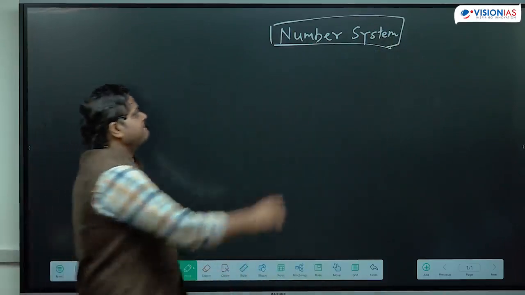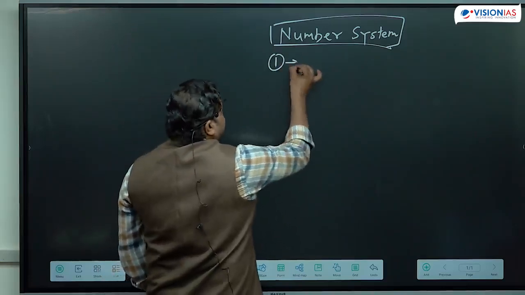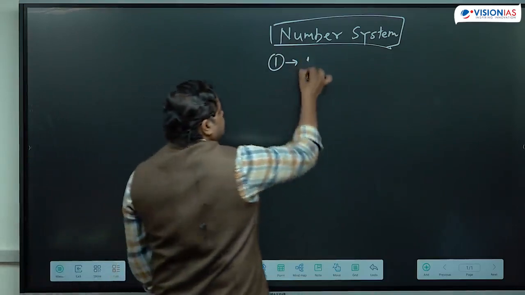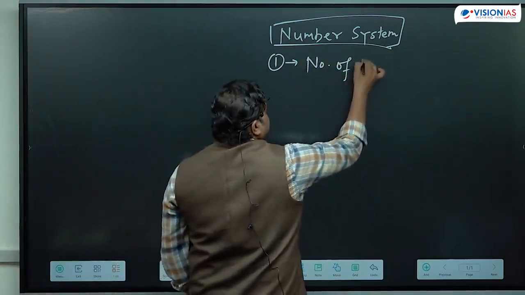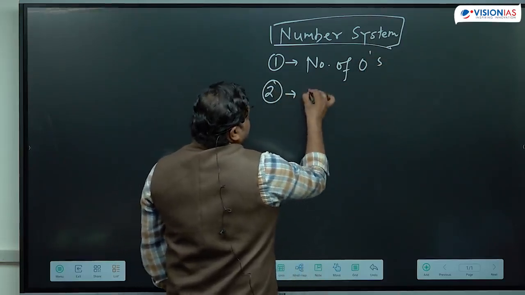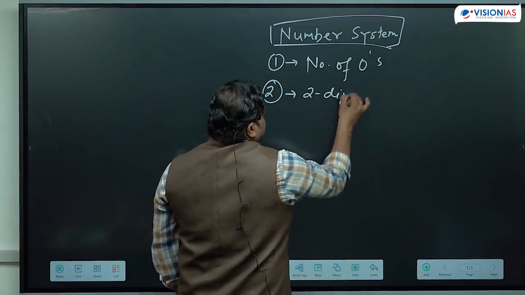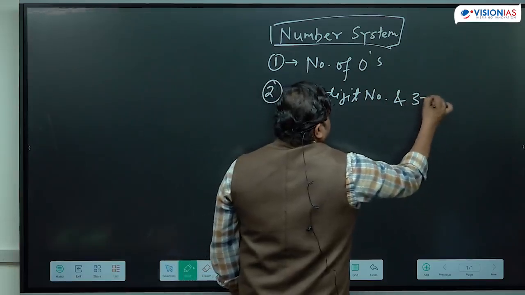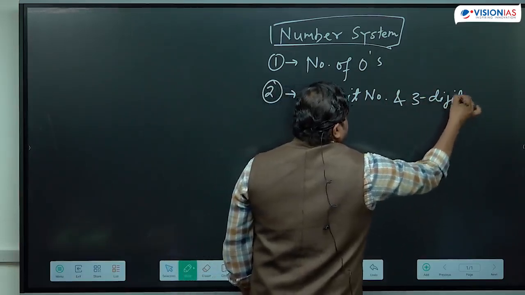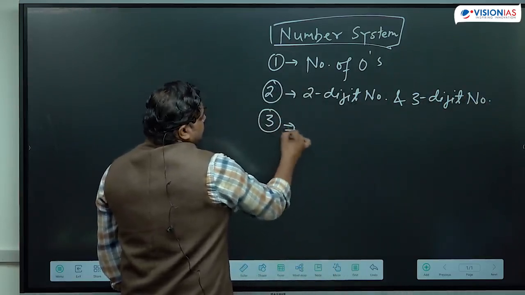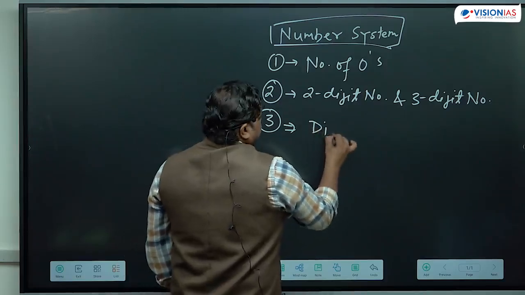There are different subtopics in number system. The first subtopic is number of zeros. Then we have 2-digit number and 3-digit number. Then divisibility rule.